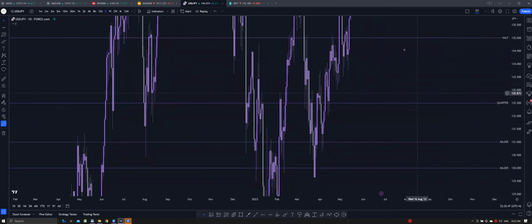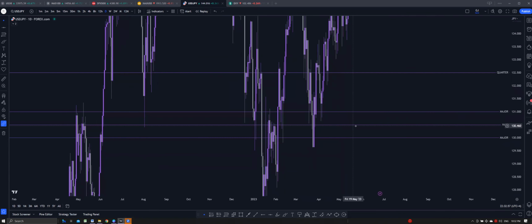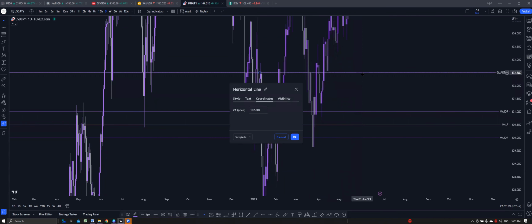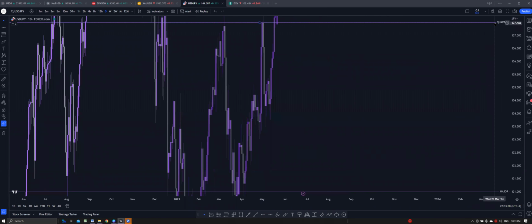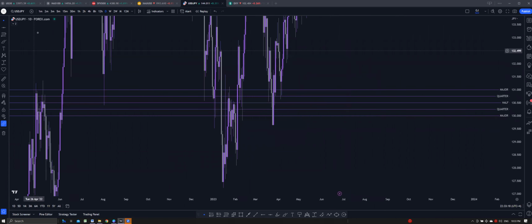A 100 pip range, and then you have your mid area at 130,500. There, that is your 50 pips, right? Your halfway point here is your 50 pips, and then here you have your quarter point there, and your next quarter point here, right? So you would use this 100 pip range on a lower time frame, right?